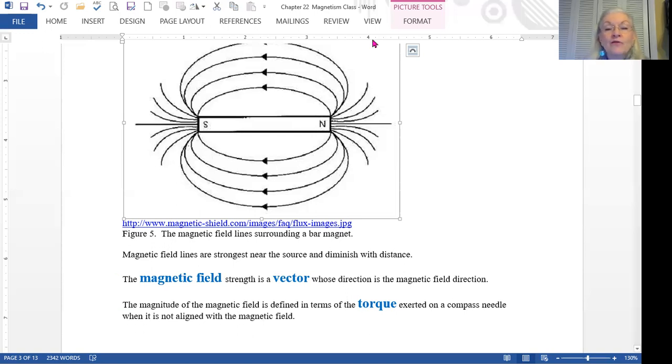So when you first bring a compass in and set it down, the needle will turn so that it orients with the magnetic field. And how quickly it does that is a measure of the strength of the magnetic field at that location. The closer you are to it, the faster it's going to reorient. The farther away you are, the slower this is going to be.